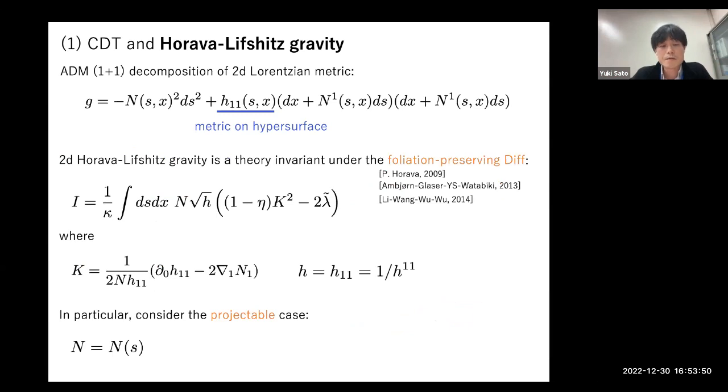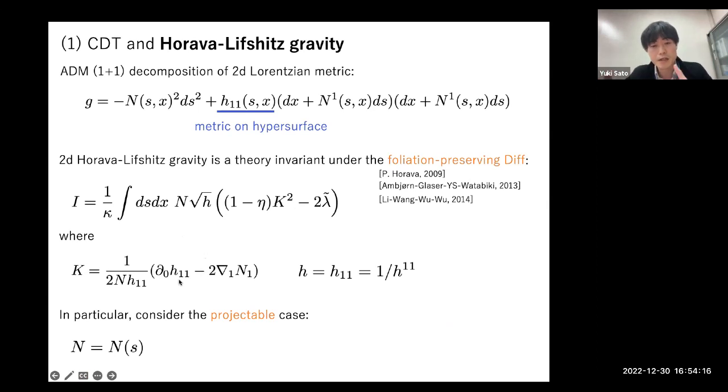And Horava-Lifshitz gravity is a field theory that is designed to be invariant under these foliation preserving diffeomorphisms, FPD. In the two-dimensional case, the action is given by this one. This K is the trace of the extrinsic curvature.